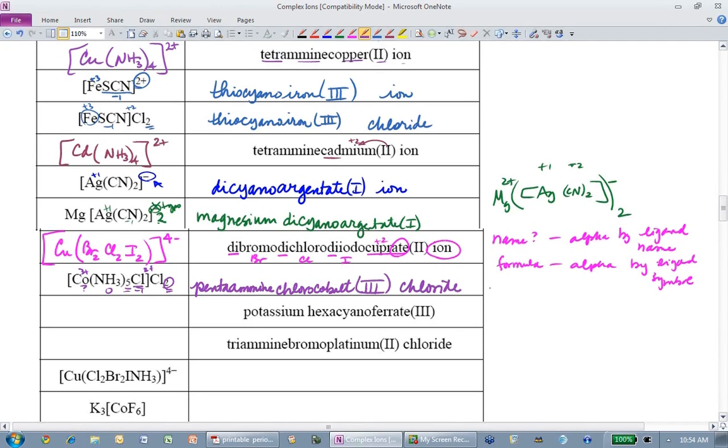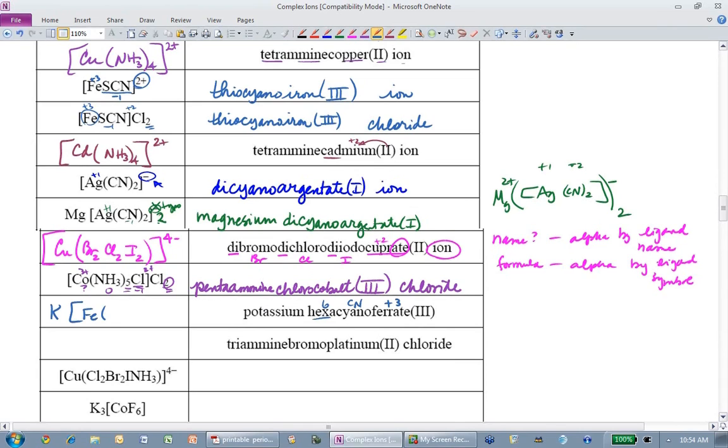And then I have potassium hexacyanoferrate Roman numeral 3. Alright, that just told me that the iron was +3. Hexa means there's 6 CNs, and potassium is outside of this whole mess. So K, I may have to put a subscript on that. Take me a second to figure that out. Hexacyanoferrate.